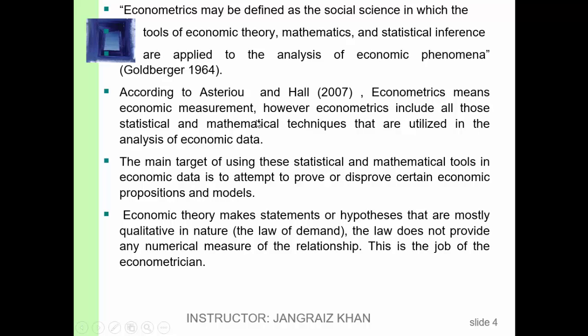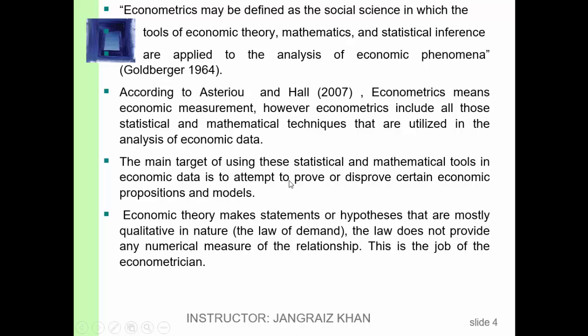So, according to Estereo and Hall, econometrics is economic measurement, but it includes all those methods, those ways, those techniques in which we analyze the statistical data. However, the main target of using these statistical and mathematical tools on economic data is to attempt to prove or disprove certain economic propositions and models.